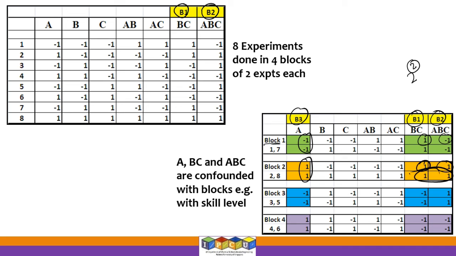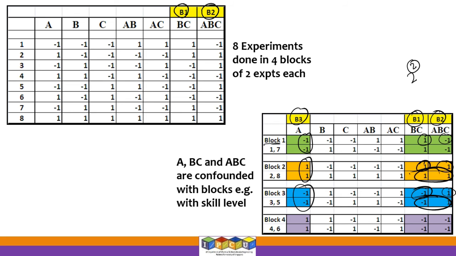Likewise, when ABC is equal to +1 and BC is equal to -1, experiments 3 and 5 in our table, they are assigned block 3, the blue block, for example, in this particular table. And for the experiments in block 3 here, the setting is -1 for factor A in those. All right. And likewise, you can analyze the 4th block, which comprises experiments 4 and 6.